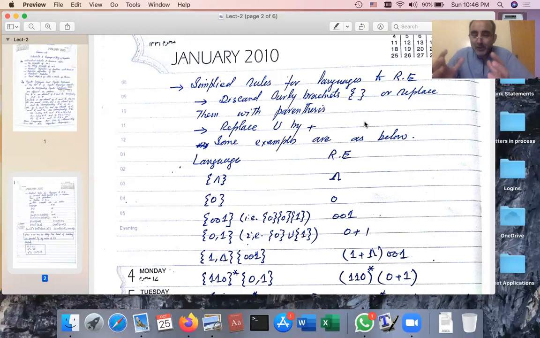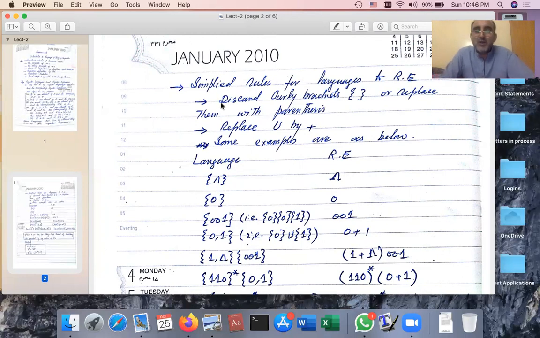Now I am going to explain the simplified rules to build a regular expression for a particular language, and that language would be regular. We know that because a regular expression is always for those languages which are regular languages. So, what are those simplified rules?